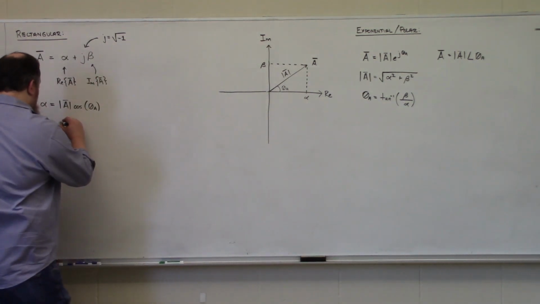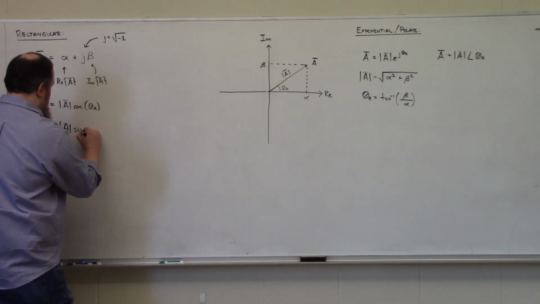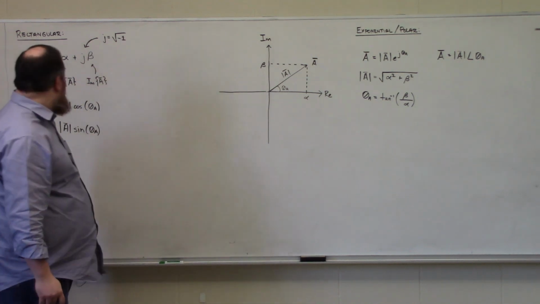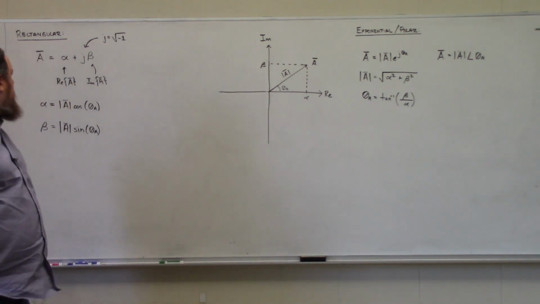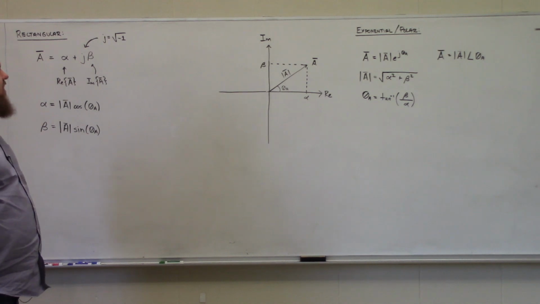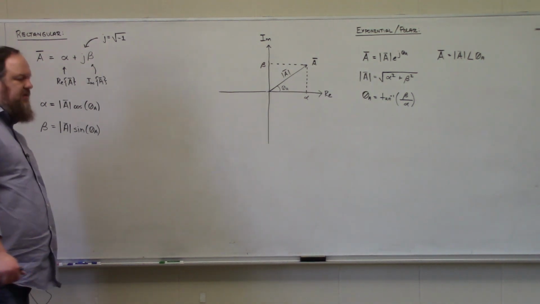So we would have the magnitude of A sine angle theta A. So now we've established ways by which to convert from rectangular to exponential or polar, and from exponential or polar to rectangular.